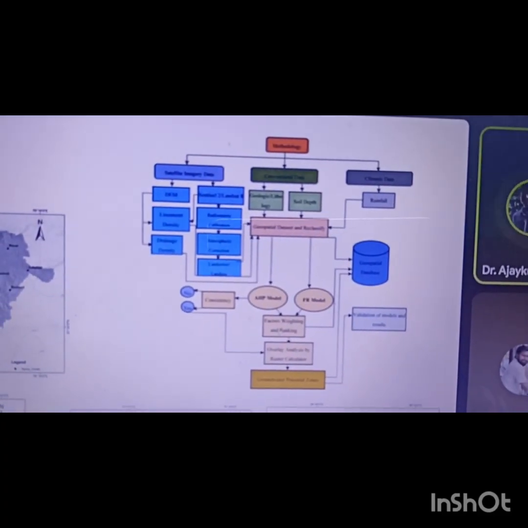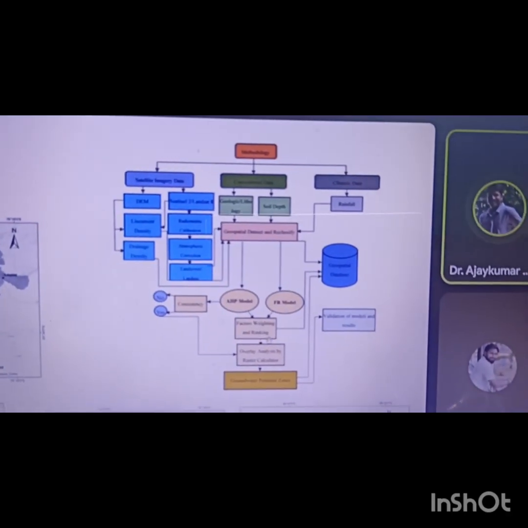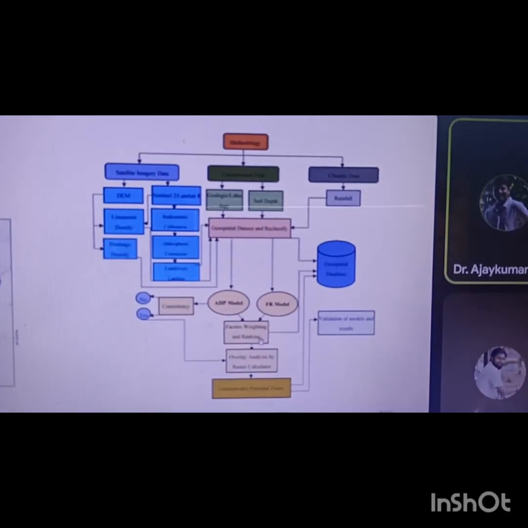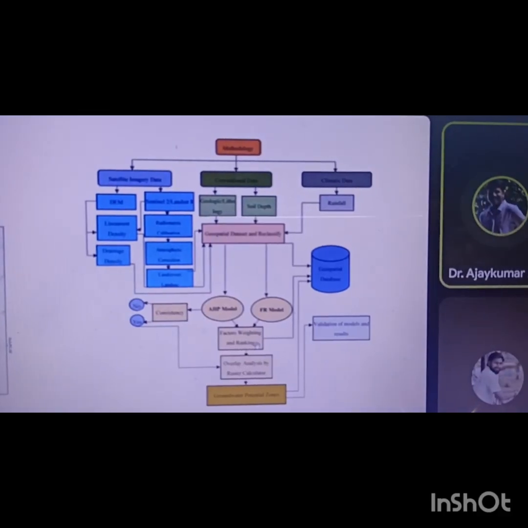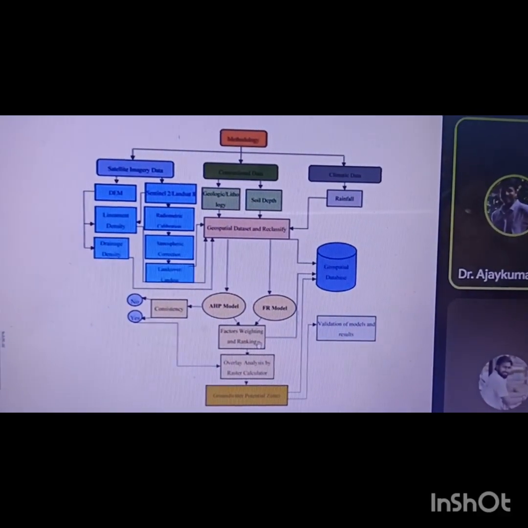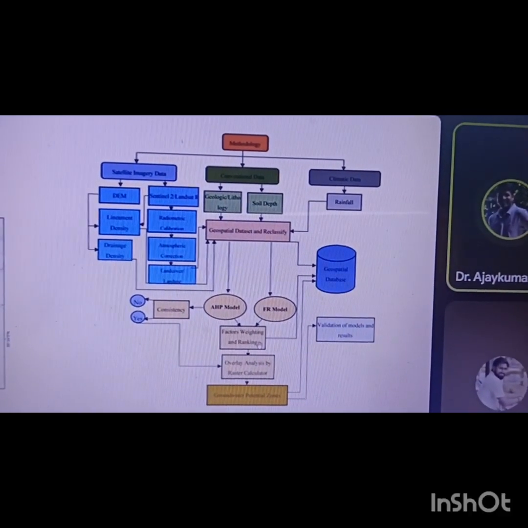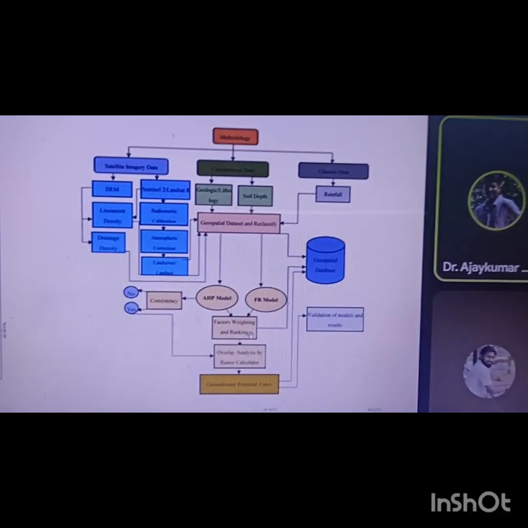To identify weightages and ranking given to those classes. So ranking will be given to the layers and weightages will be given to the classes. So that we will do, and then by overlay analysis we will identify groundwater recharge as well as potential zones.